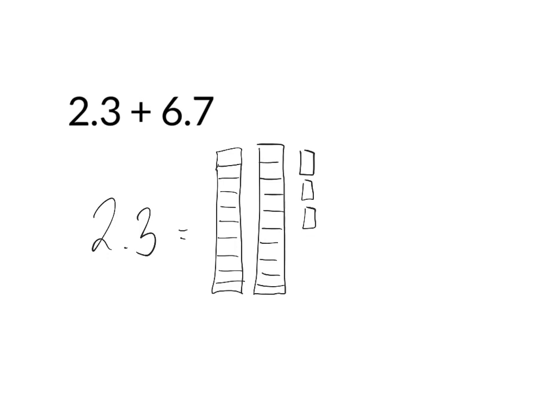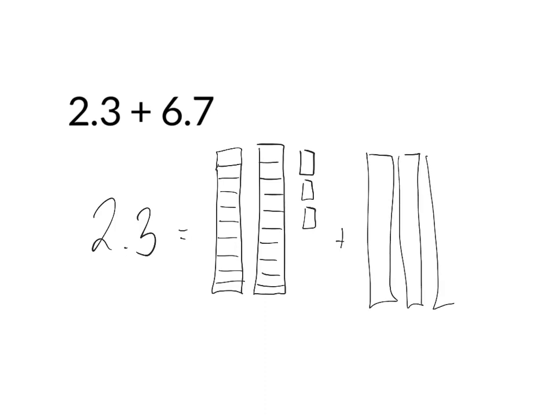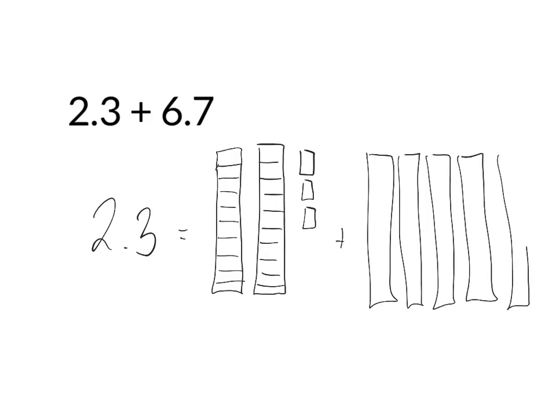Does that make sense? Now if I'm adding that to 6.7, I'm not going to make the individual things this time because I think you know what I mean. 1, 2, 3, 4, 5. Okay, so I have 6 base 10 blocks.